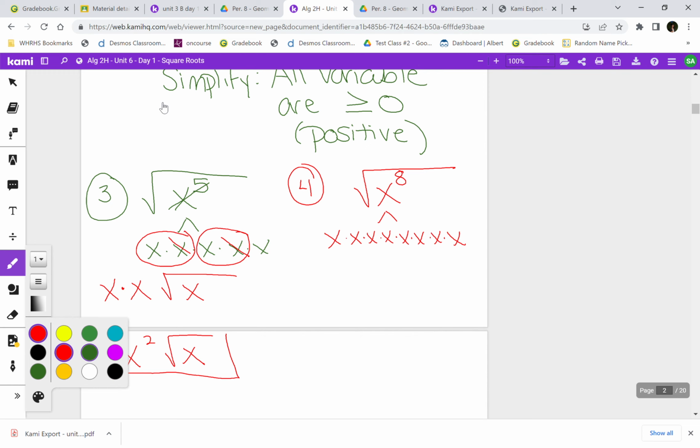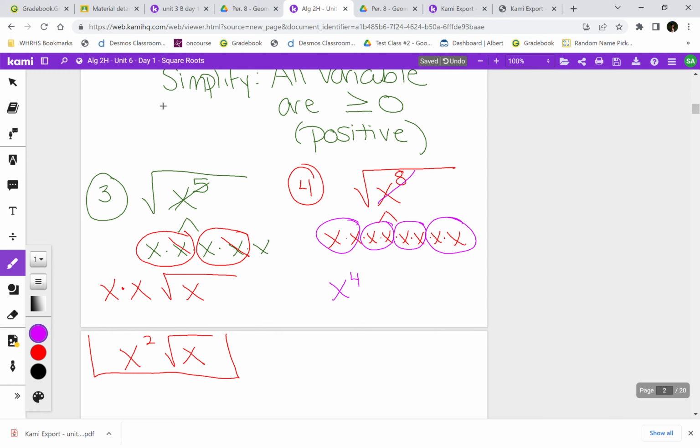All right, so then I have a pair, another pair, a third pair, and a fourth pair. What's going on the outside? x to the 4th. Anything left on the inside? All right, so let's see this. The square root of x to the 8th was x to the 4th. The square root of x to the 5th was x to the 2nd and 1 x left over on the inside.